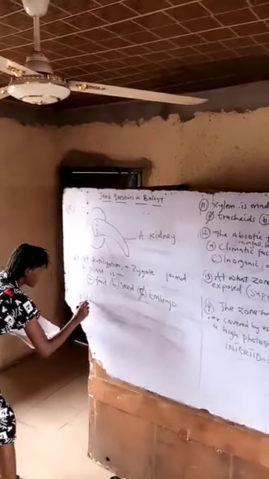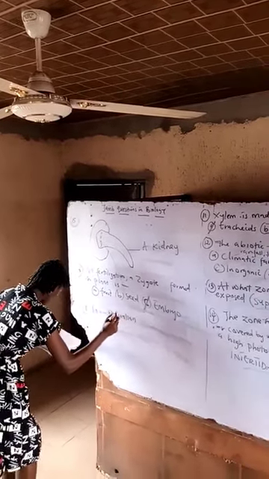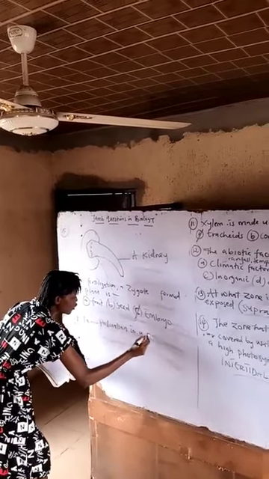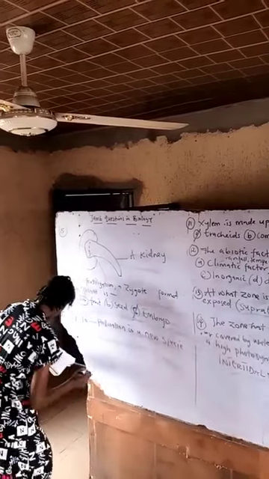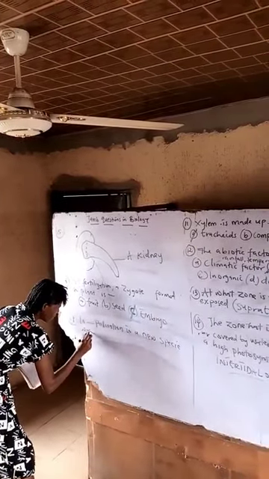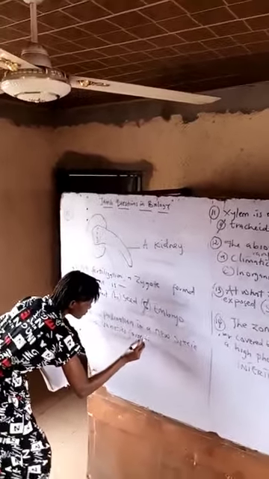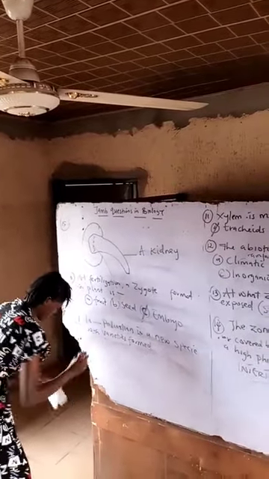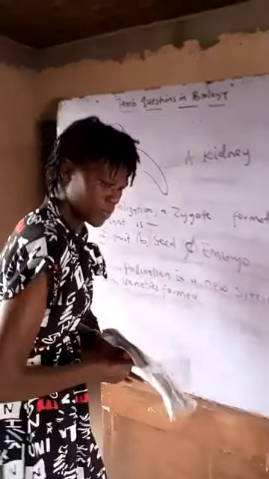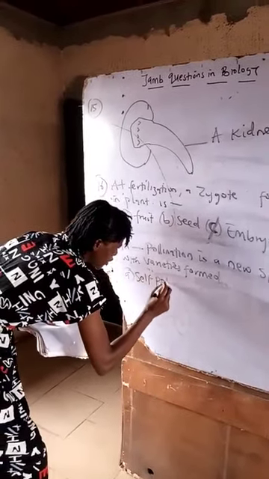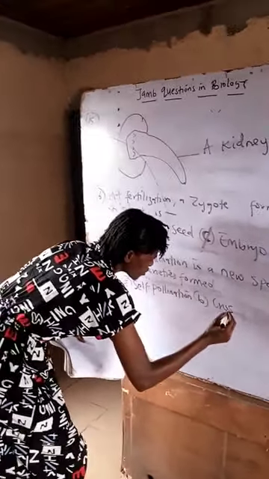Let's take the next question. It says in dash pollination, a new species with varieties is formed. A, self-pollination; B, cross-pollination.